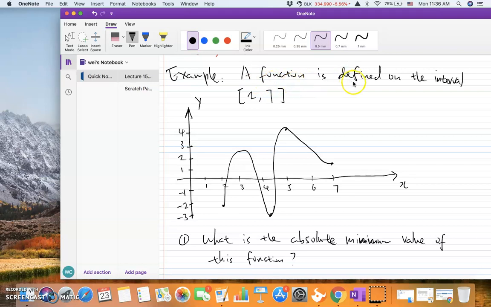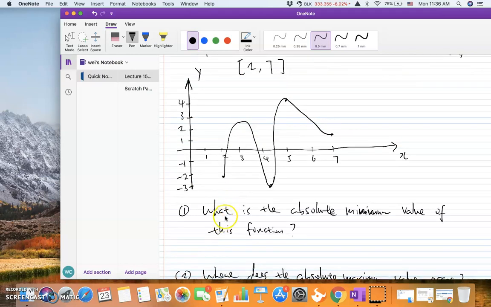Okay, let's look at this example. A function is defined on the closed interval from 2 to 7. Now we want to find the absolute minimum value of this function. Since I'm looking for the absolute minimum, first I need to find the lowest point, and that is here.